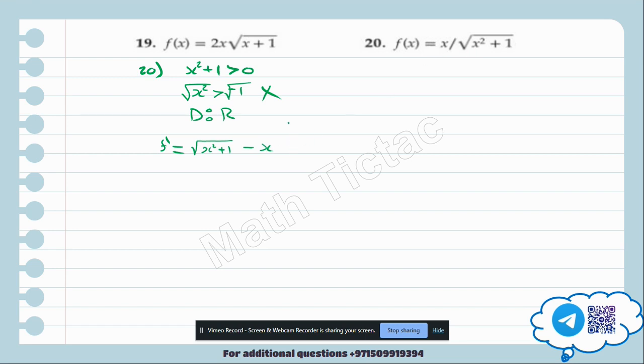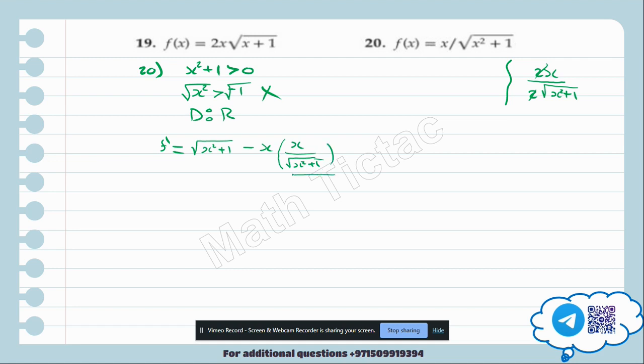The derivative of the denominator is the derivative of what is inside the root, which is 2x, over 2 times the same root, which is the square root of x squared plus 1. So the 2 with 2 is eliminated, and the derivative of the denominator is equal to x over the square root of x squared plus 1.